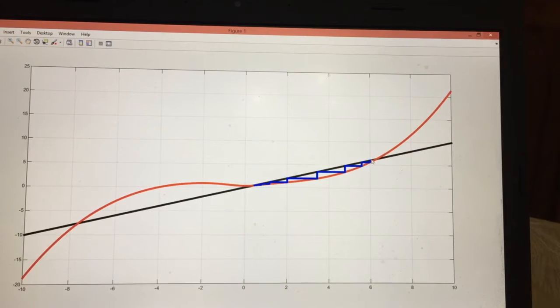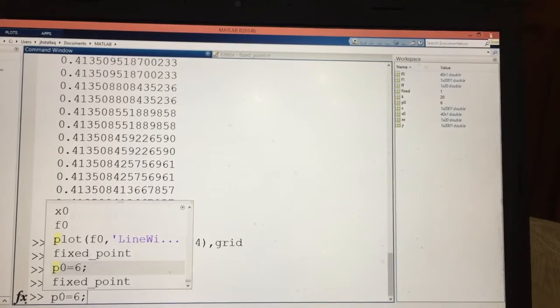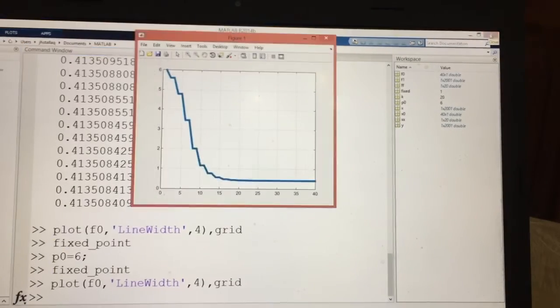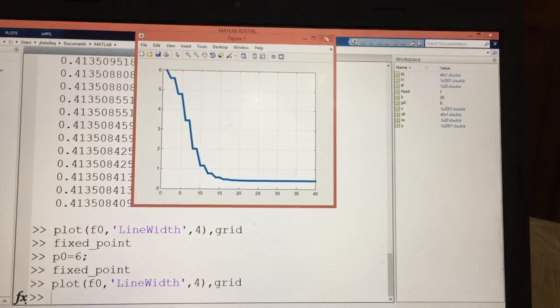It didn't go there. It comes like this, and then finally it converges to here. We can plot it if you want to see it. So again it converges to the final value.